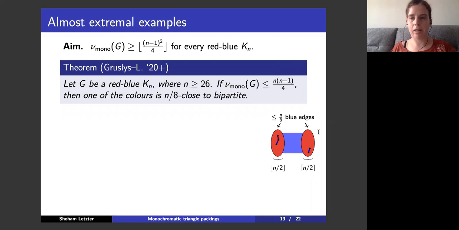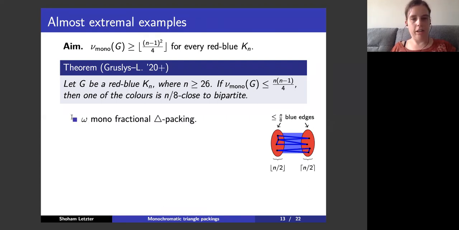So let's look at our favorite example and just plant up to n over 8 blue edges in these red parts. And it should be easy to see that I can cover these blue edges by these disjoint cross blue triangles.